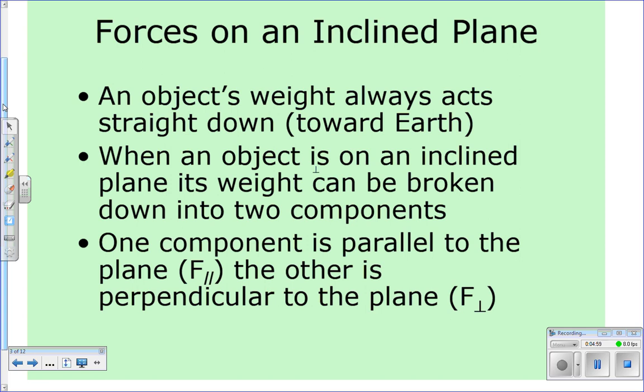But the weight of the object still acts straight downward toward the earth. So when an object is sitting on an inclined plane, its weight is at an angle to the surface that it's sitting on. And so it can be broken down into two components, a parallel and a perpendicular component. One of the components of the object's weight acts parallel to the inclined plane. The other one is perpendicular to the inclined plane.